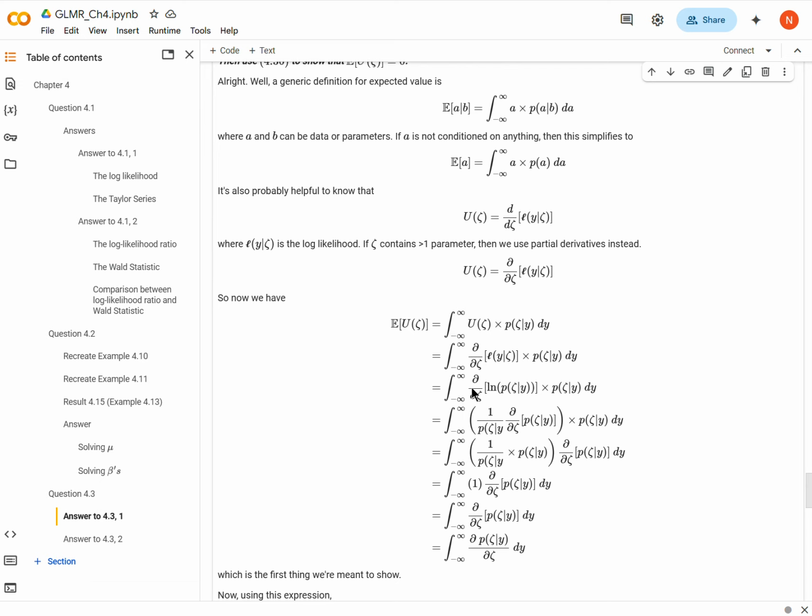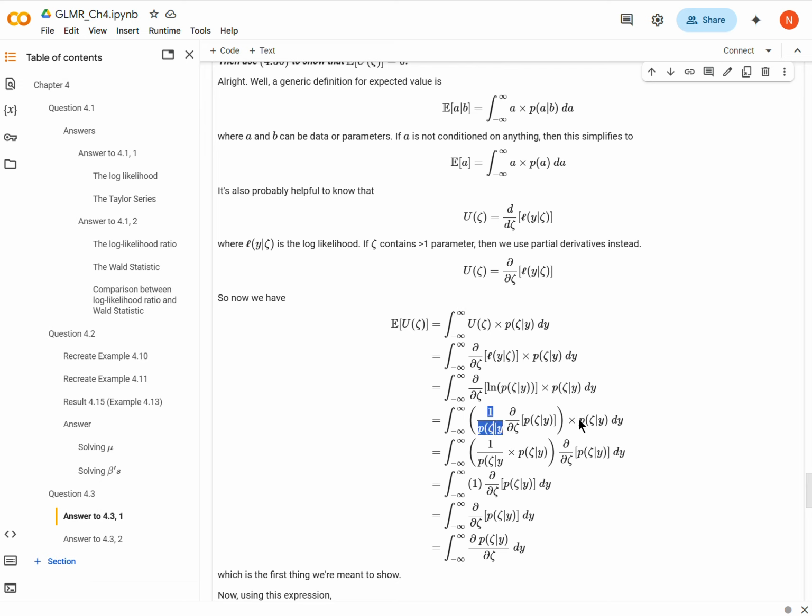And then it turns out that all of this is 1 over the probability of zeta times this. I'm missing a parenthesis there, but that's okay. Now I'm just regrouping terms here.